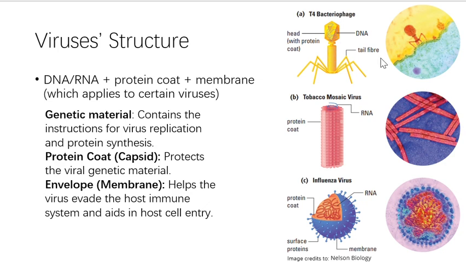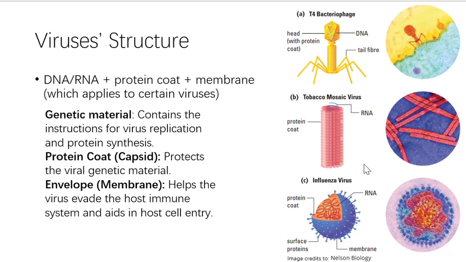In my opinion, the T4 bacteriophage is the easiest one to distinguish because of its spider-like shape. For tobacco mosaic virus, you can call it rod-like or noodle-shaped if you think it looks like a noodle. And an influenza virus has the shape of a ball.